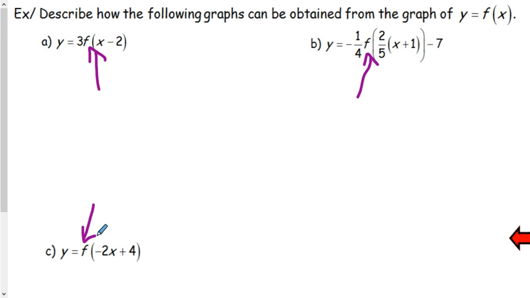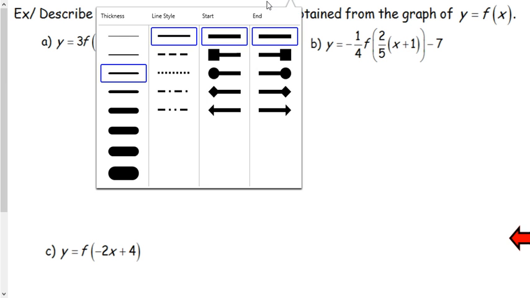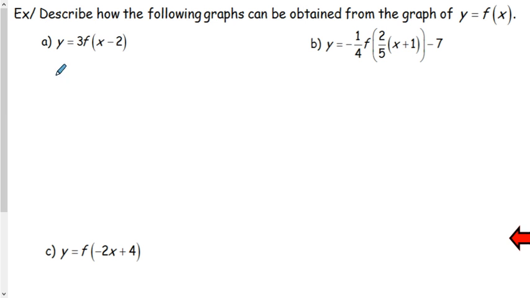So that's telling us that we are dealing with some kind of function, but we don't know what the actual function is yet. These are just descriptions of the transformations that we would make. Okay, so let's write down the transformations we would make to go from f of x to this one.